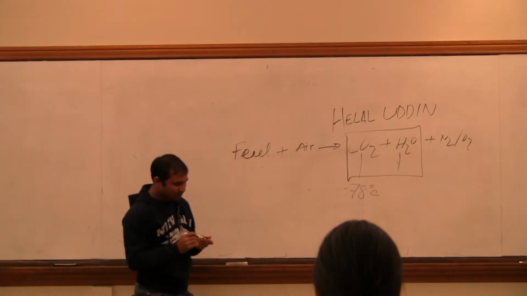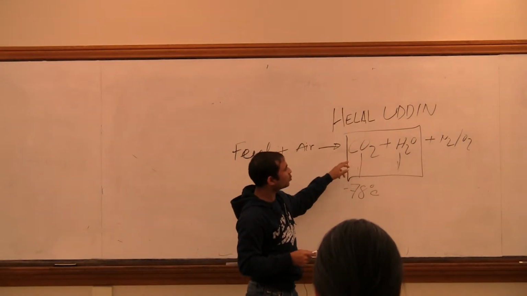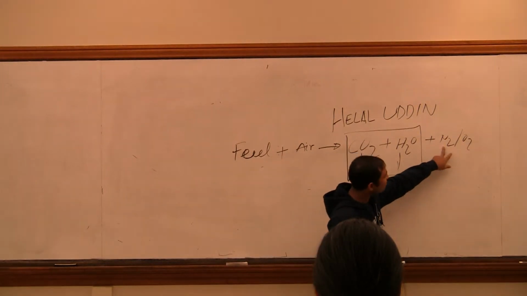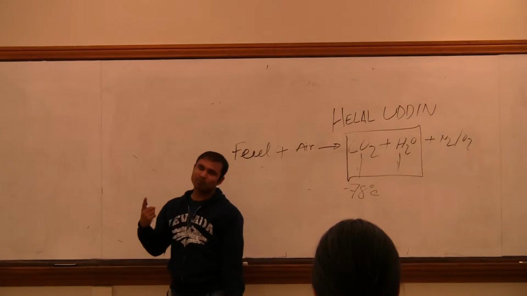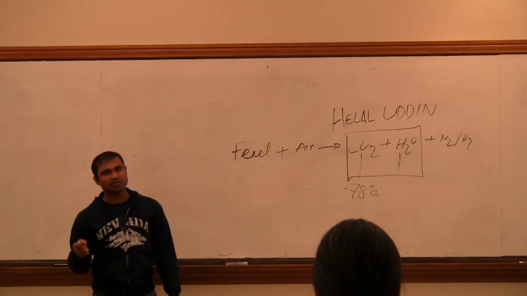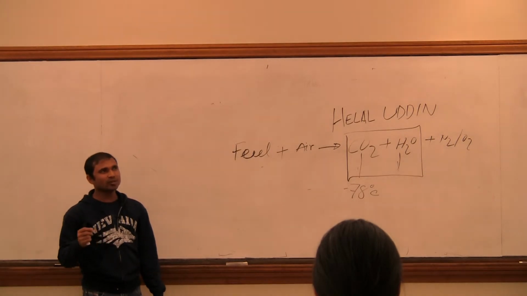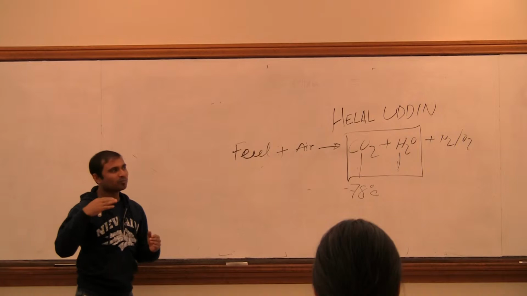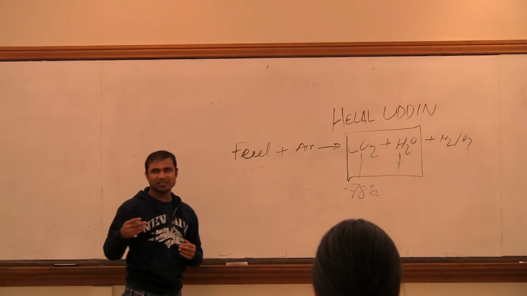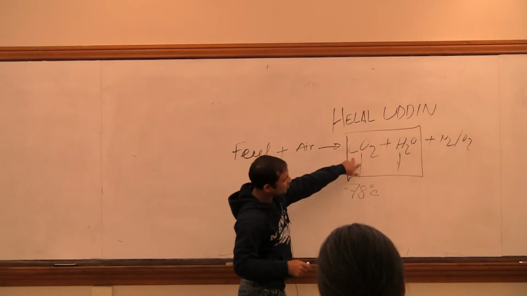So now people are thinking smartly: how can they separate this carbon dioxide without separating this large amount of nitrogen? Because as you know, in 1 mole of air, it has 21% oxygen and 79% nitrogen. So you are putting in about four times more inert material. So it's really hard to separate out this carbon dioxide.